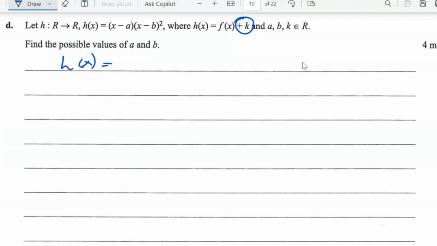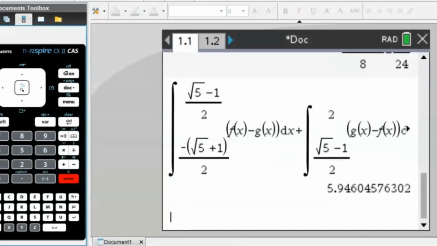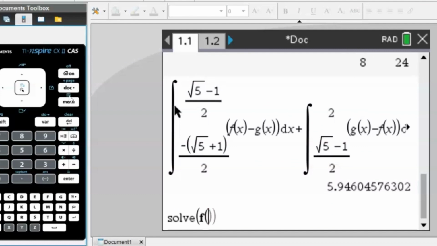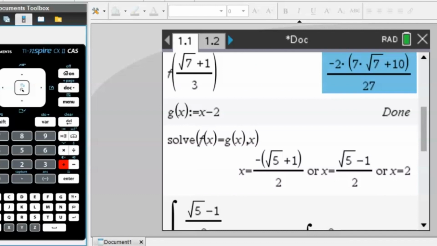So that's going to be my h of x. It's going to be f of x plus 14 square root of 7 plus 20 over 27. So we solve for this. What's the value going to be? f of x plus, I think I already have that one.